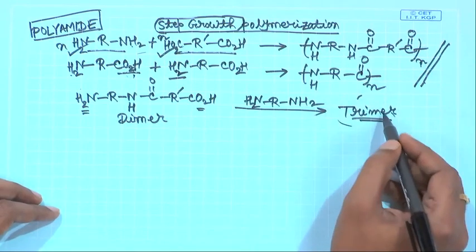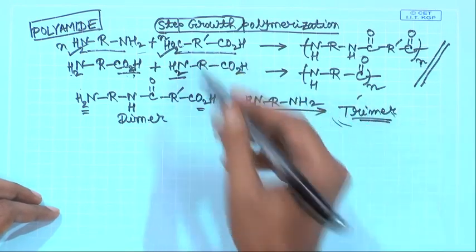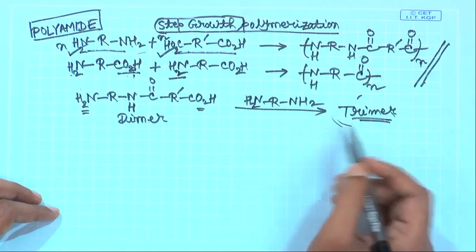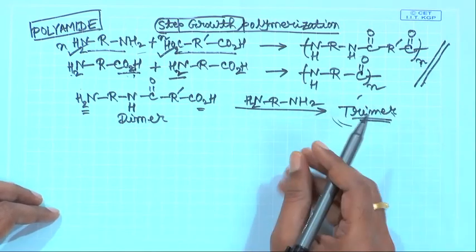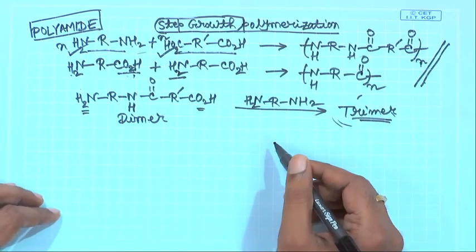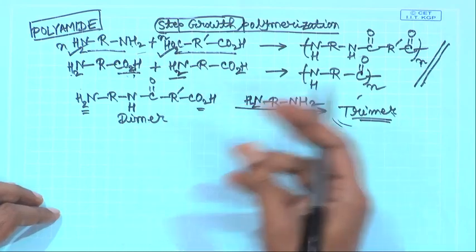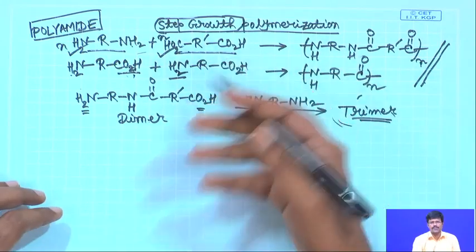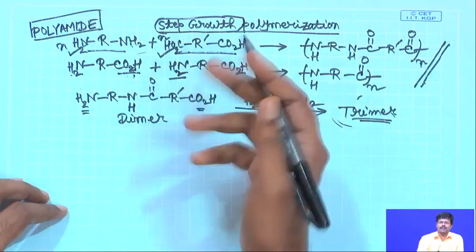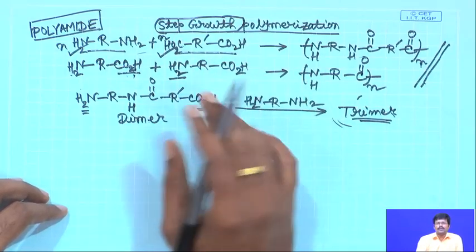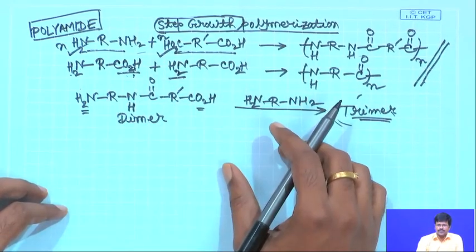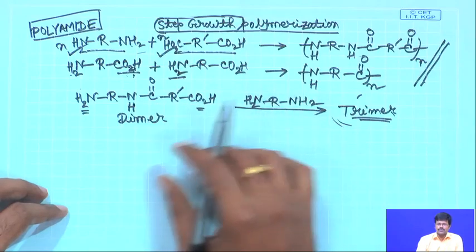This trimer can react with another dimer, or it can react with a monomer itself. So, very soon in the reaction process, most of the monomer will be consumed, and you will have different kinds of oligomers, for example trimer, tetramer, pentamer, decamer, so on and so forth. All these will be present, and the molecular weight will develop slowly.